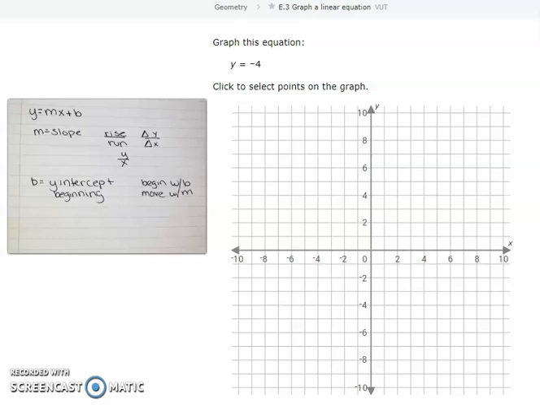I could write this as y equals 0x minus 4, but I don't. So I know that my slope is 0, which means my slope is a flat line. And my y-intercept is negative 4. So remember, I begin with B, and I move with M. And if it's a flat line because it's 0, it just goes straight across.